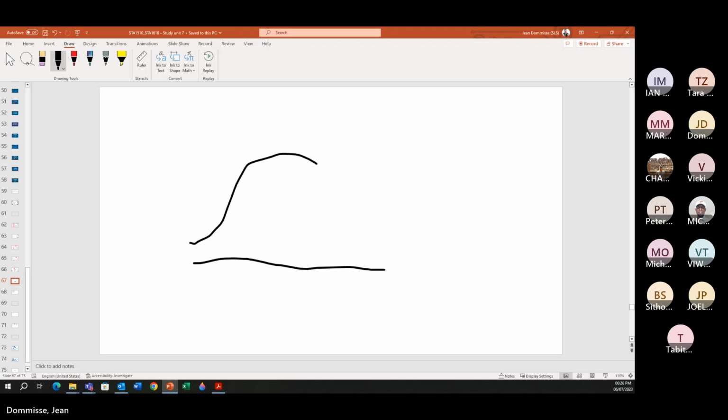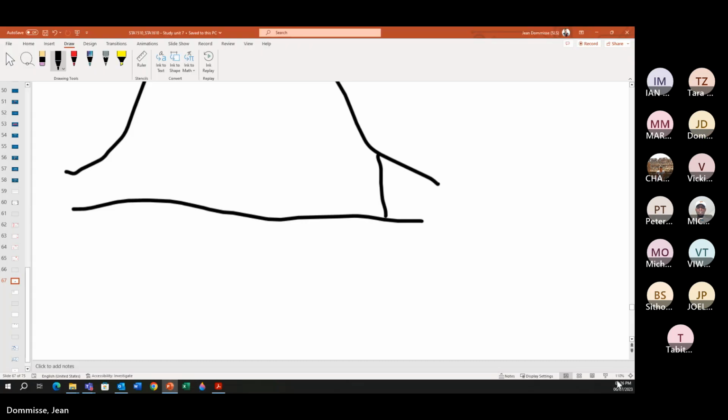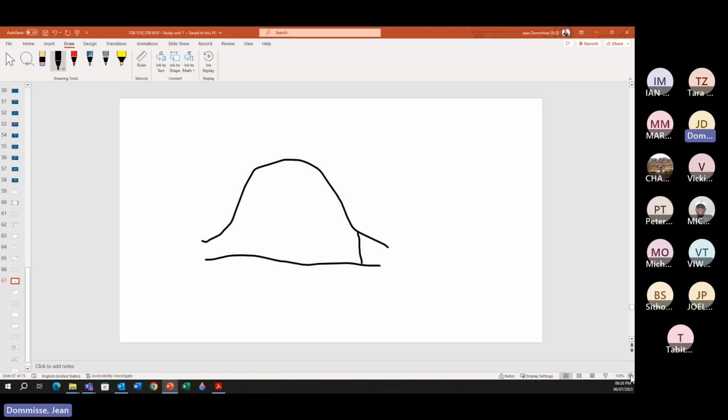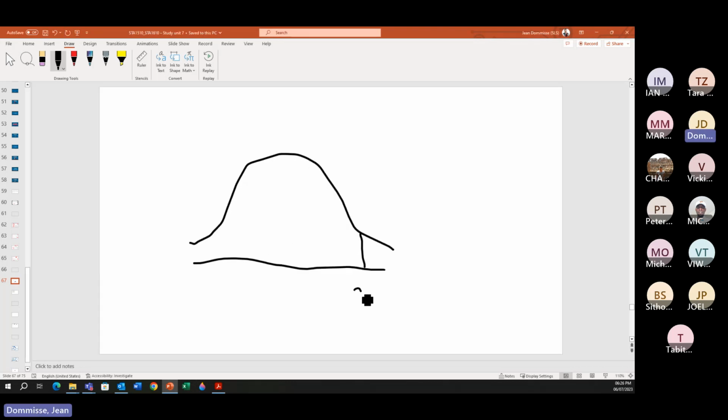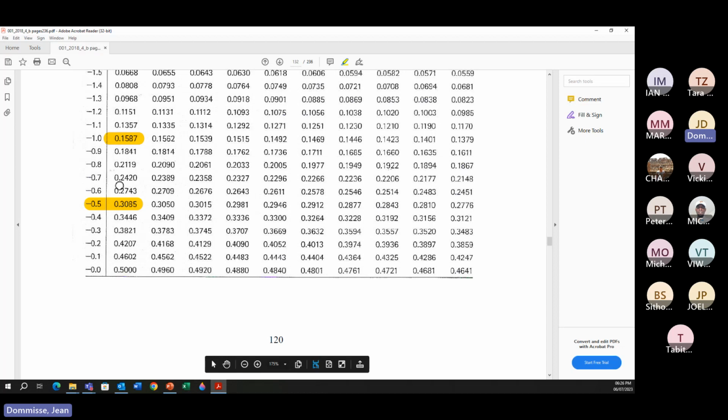So remember, we'll need to find out what makes this computer do this. So remember, this was 2.5. That was 0.5. So you could have gotten that one. So we used the negative. So that was 0.3085.